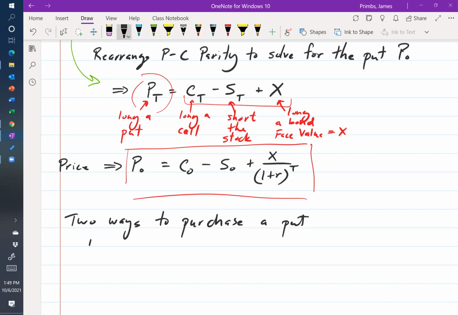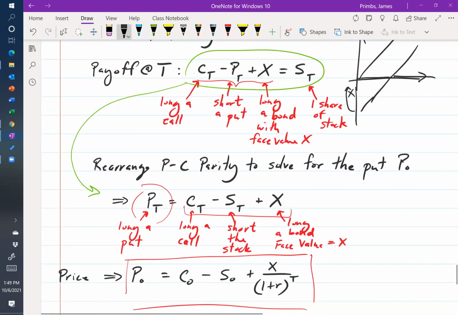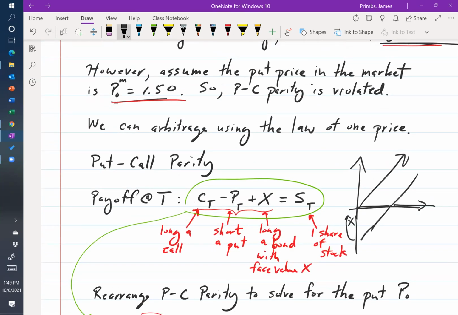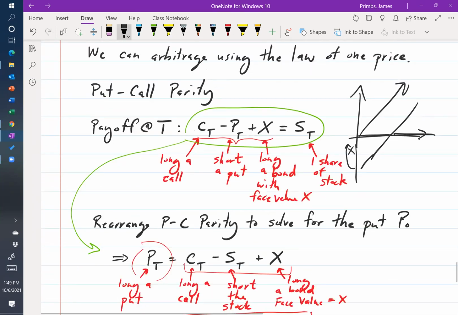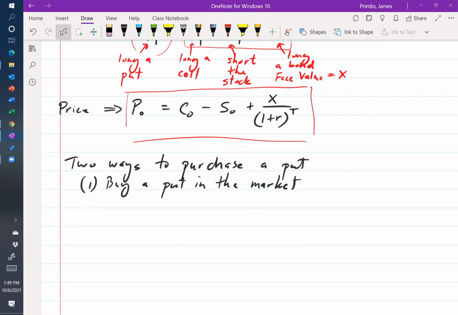Okay, so method number one, just buy a put in the market. If I do that, how much is it going to cost? Let's remember our market price. It was $1.50. That was the market price. So that's one way I can get a put.